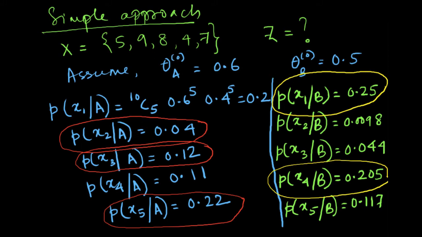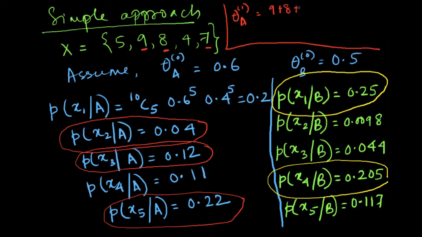So how do we do that? So here x2 is equal to 9, x3 is equal to 8 and x5 is equal to 7. So our theta A in the first iteration will be 9 plus 8 plus 7 divided by 30, which is equal to 0.8.